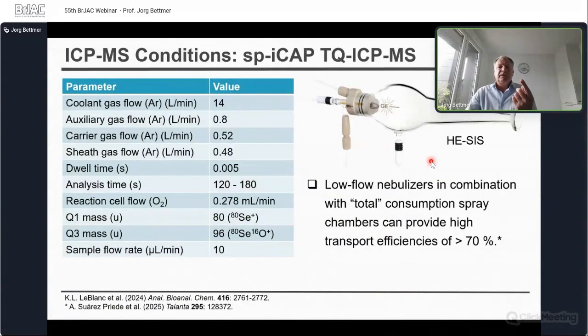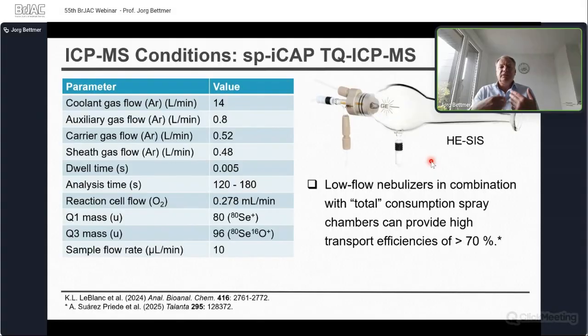First of all, the transport efficiency depends on the type of sample you're analyzing, not only the type of analyte, so whether it's a particle or a cell or whatever you're interested in, and it depends on the matrix of the sample you are introducing.